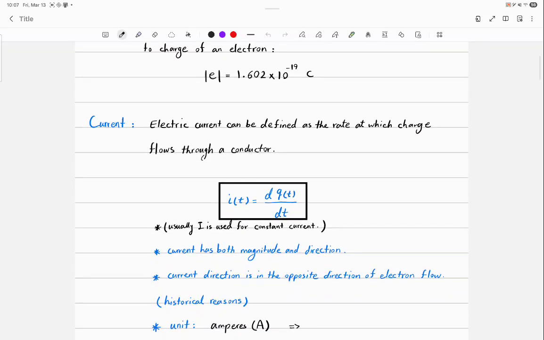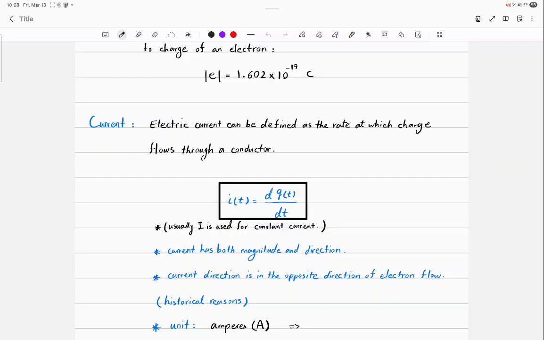Now, unlike charge, current has both magnitude and direction, okay? And you're going to see in many circuits that we can have current flowing in either direction. One very important thing is that for historical reasons, we assume current follows the direction of movement of positive charge, okay?